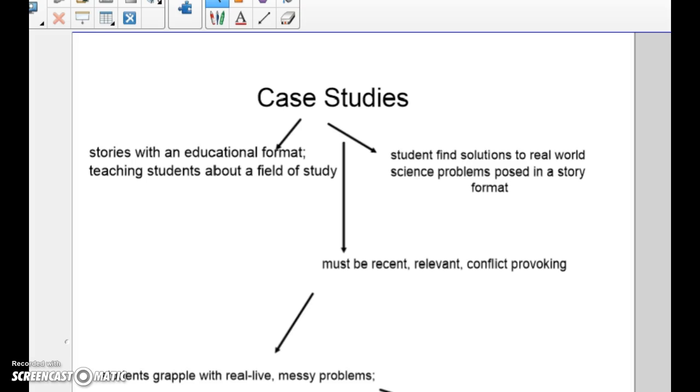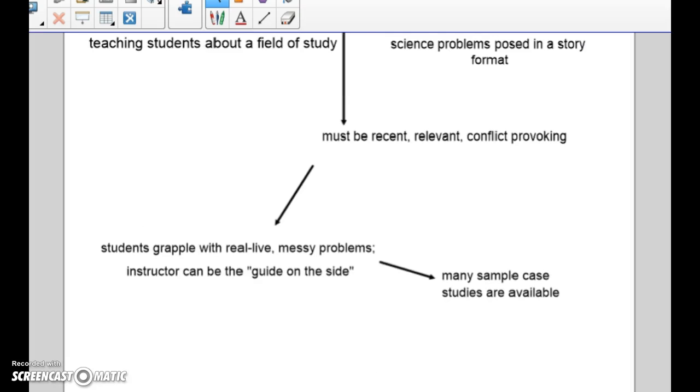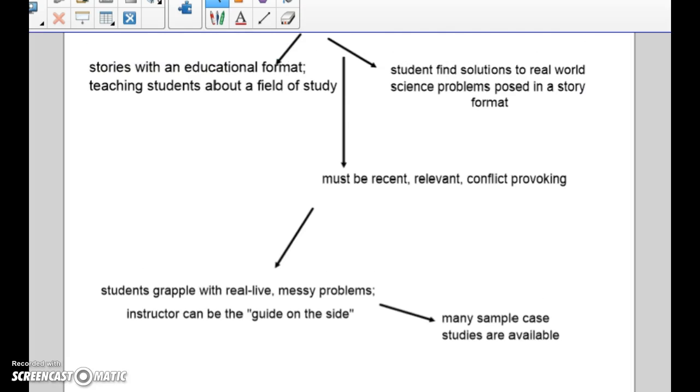I really liked how one of the authors of one of those publications described one of the benefits of using a case study: students have to grapple with real-life, messy problems, and that's the way science is. Now, an instructor can really set up a case-based study however he or she wants. An instructor could be the sage on the stage and take students through a lecture, and there are case studies for which lectures work really well, and I'll show you one of those in a moment.